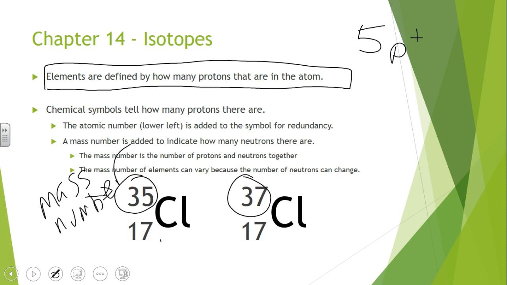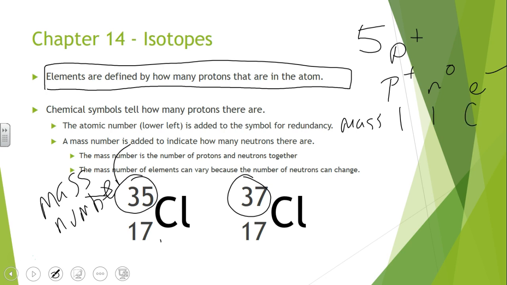What is a mass number? Well, a mass number represents the number of particles that have mass. So if we quickly go back to protons, neutrons, and electrons, and we look at their masses, what is the mass of a proton? 1. What's the mass of a neutron? 1.